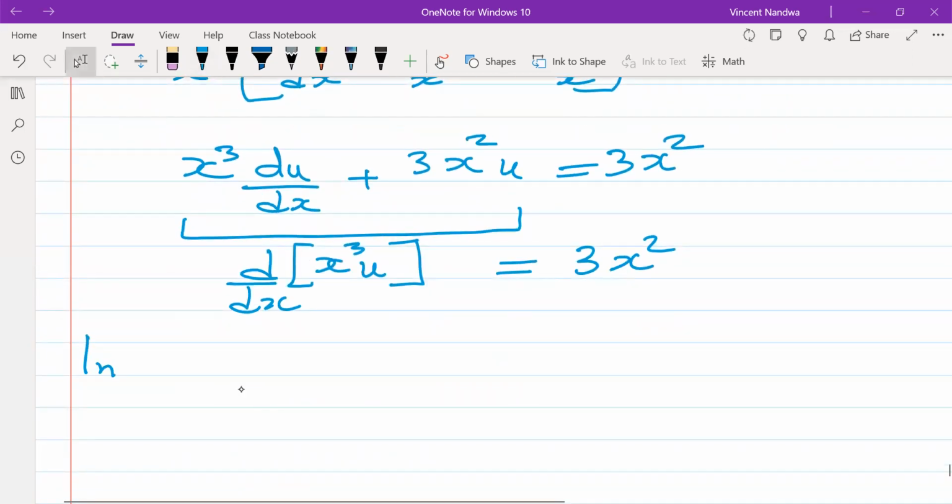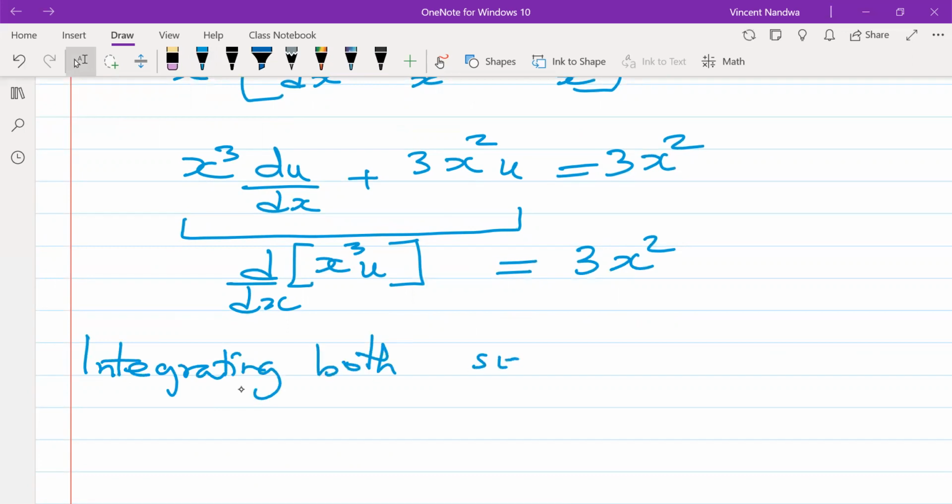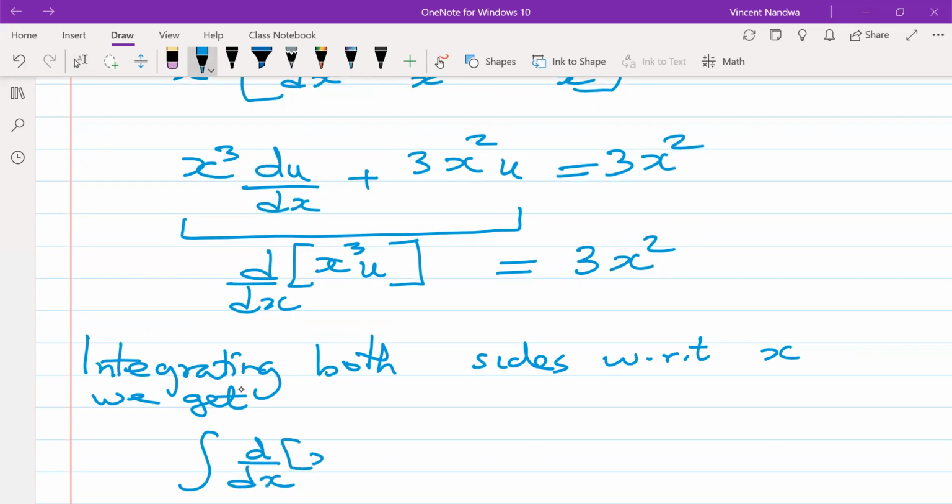So integrating both sides with respect to x, we get the integral of d dx of x cubed u dx equals to the integral of 3 x squared dx.